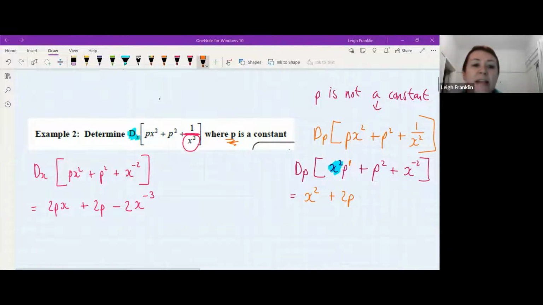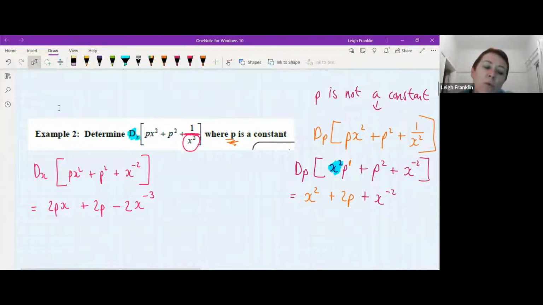But let's say x is a constant, because that would probably be easier for us. Well, actually, then we wouldn't have ended up with what we had over here. So actually, let's not treat x as though it's a constant. If x is not a constant, then we would have ended up with the exact same thing. So we would have ended up with plus x to the power of -2 as part of our answer.